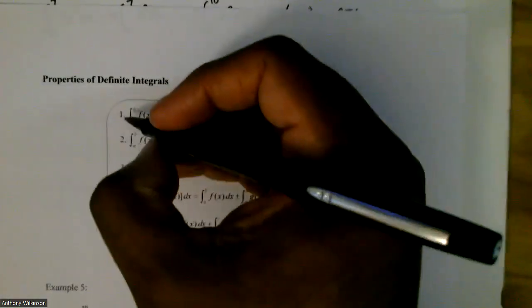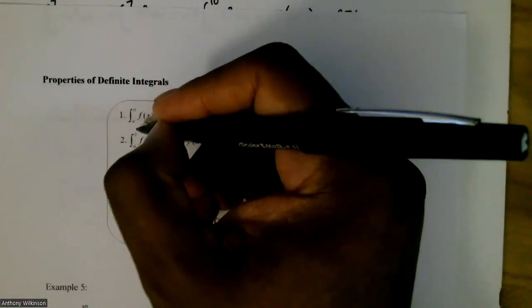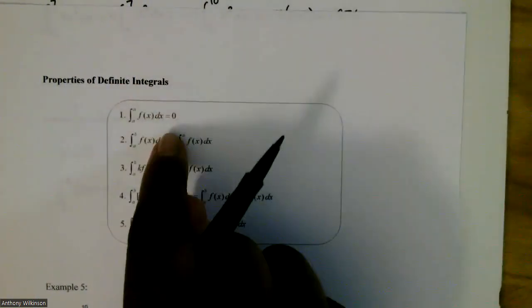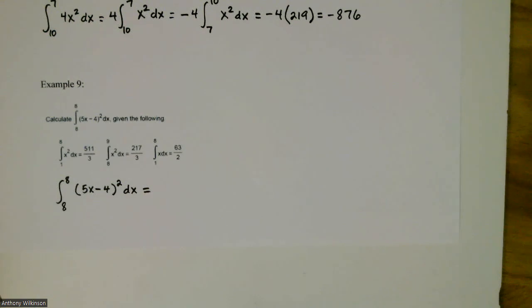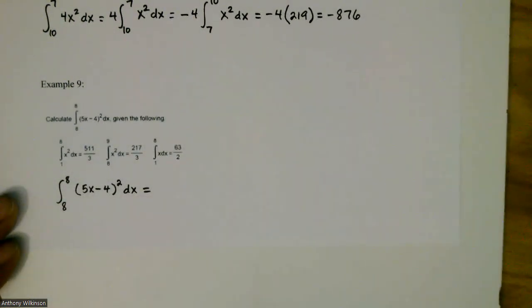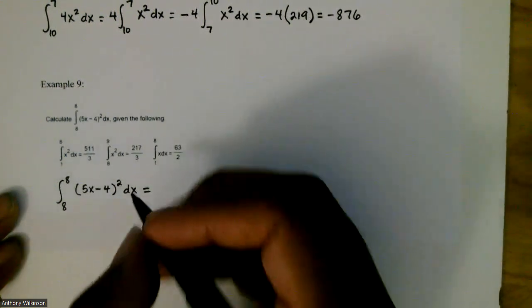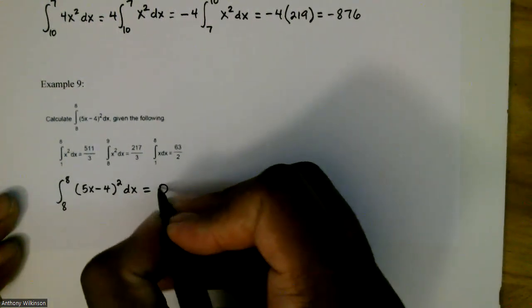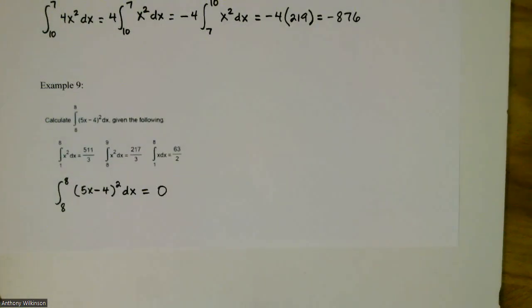Here the integral from a to a of f of x dx will be equal to 0. Since I have that right here, the integral from 8 to 8 of 5x minus 4 quantity squared dx will automatically be 0. And that's all there is to it.